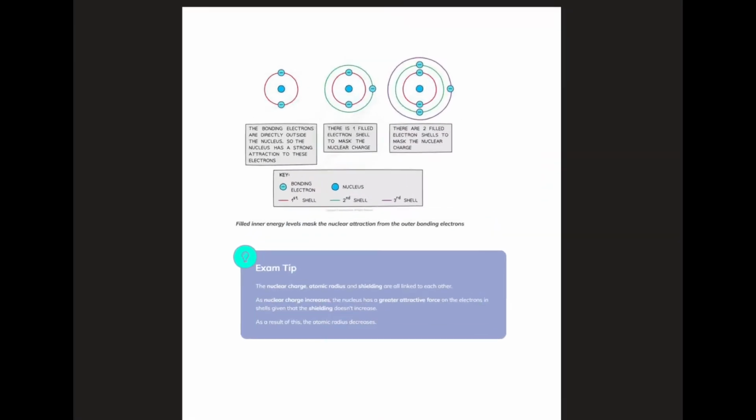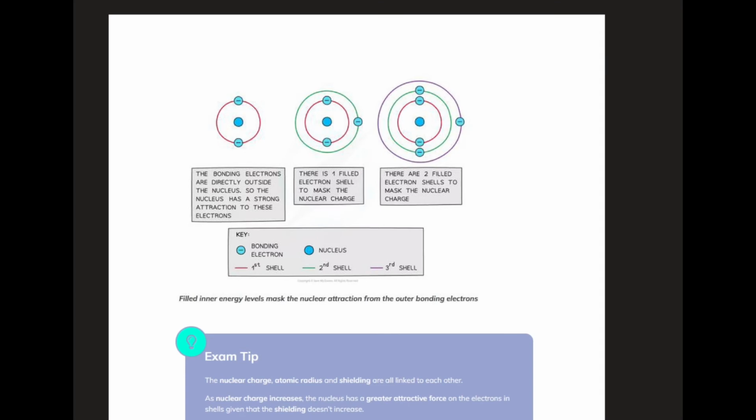Okay, so this is the picture that explained the shielding just now. As you can see, this is one shell. One shell has strong attraction because the nucleus can directly attract the electrons. This one has two shells, the red one and the green one, so there is one extra electron shell to mask the nuclear charge.